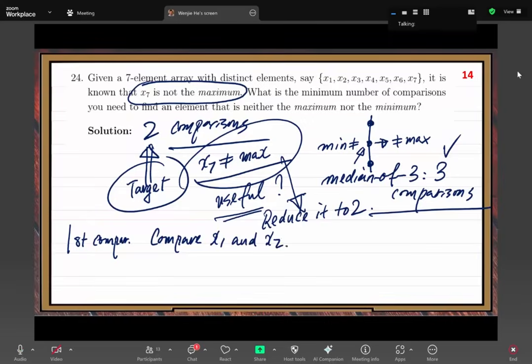Don't touch x7 in your first comparison. Why? Because x7 is related, not equal to max. There is some partial known information. This is partial known.